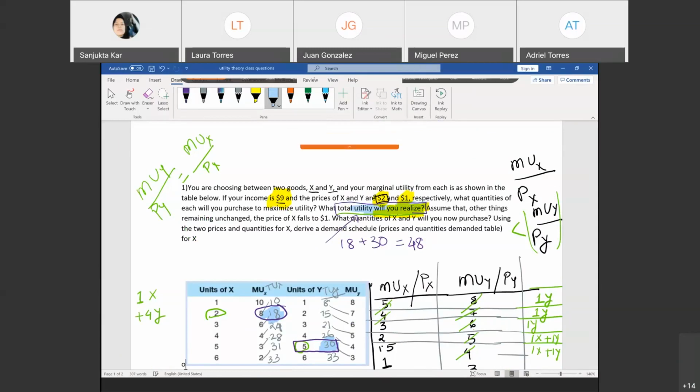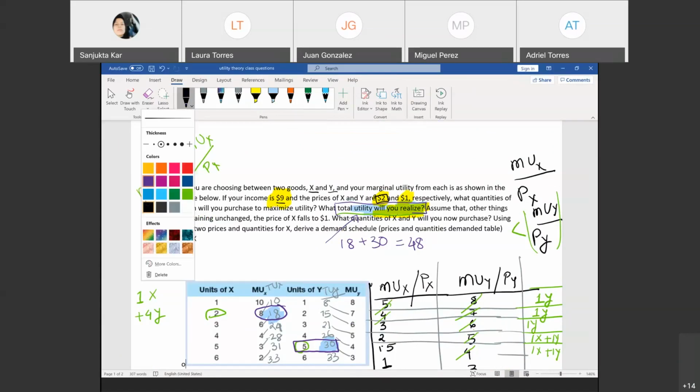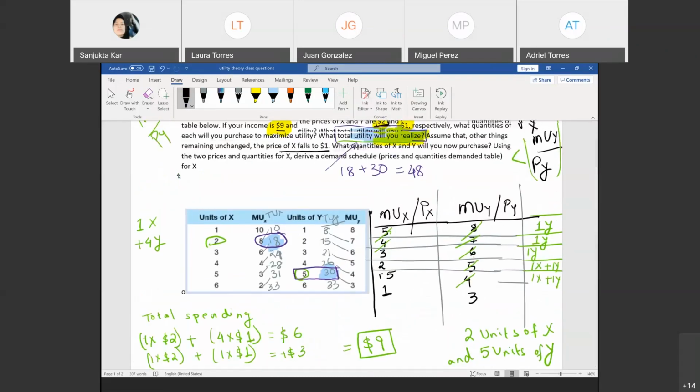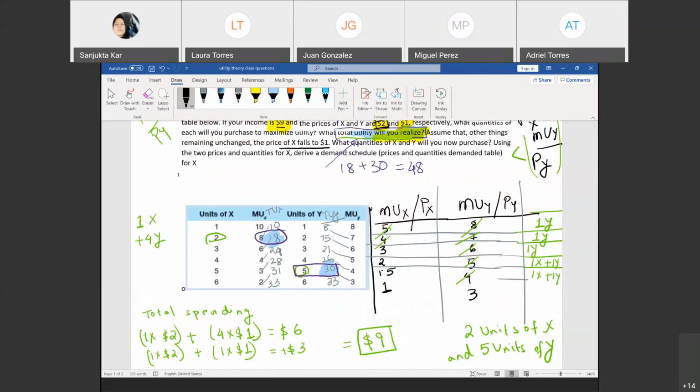Now the next part of the question, if you read, because I sent you the set of questions just before class, it says, say the price of good X falls to $1. The price of good X was $2 before, but now the price of good X went down from $2 to $1. So I'm going to have something new that's going on here.